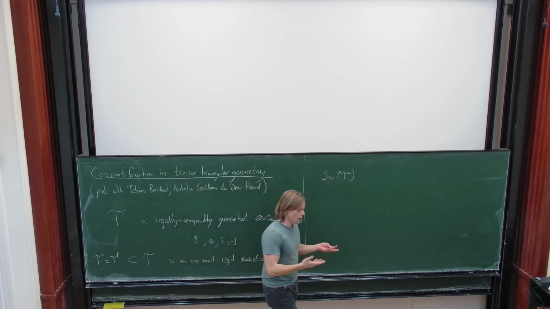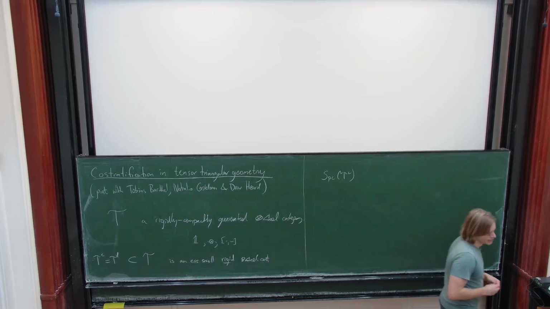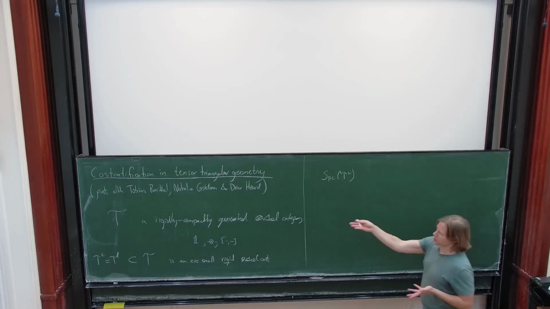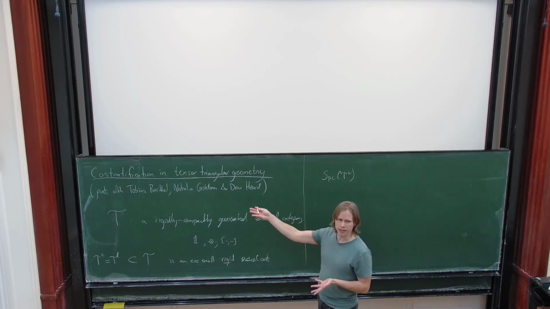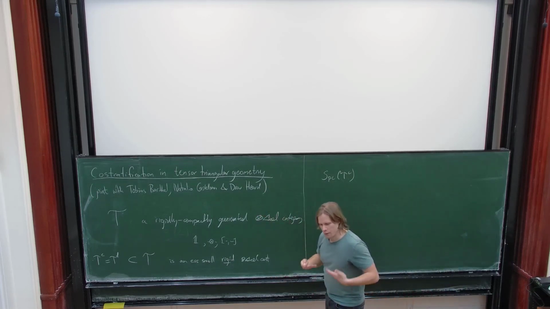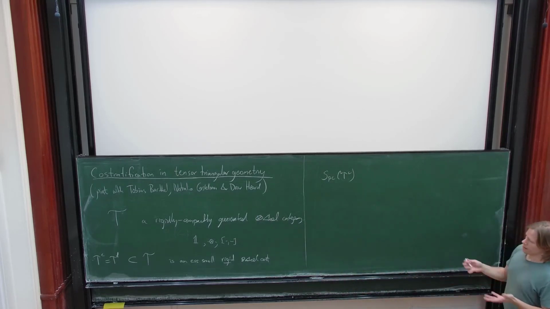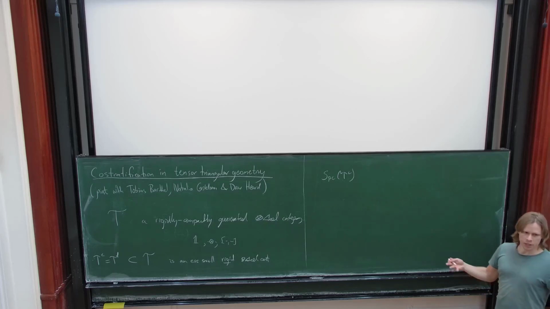And one way we go about trying to do this is by constructing some kind of theory of support for arbitrary, not necessarily compact objects in T. Unfortunately, constructing notions of support for not necessarily compact objects is a bit of a subtle thing to try to do.